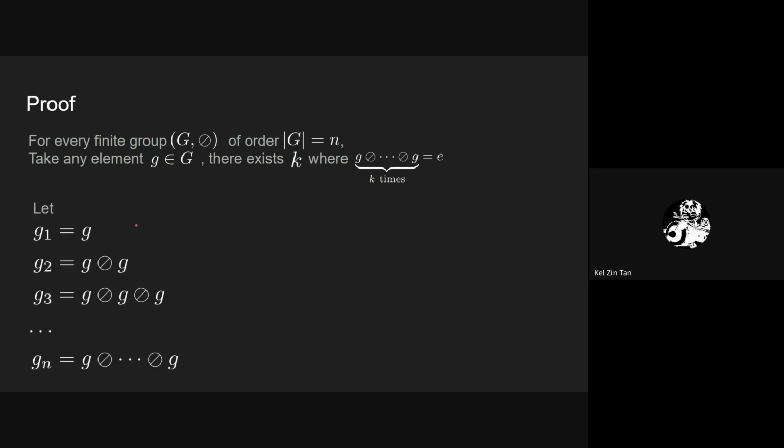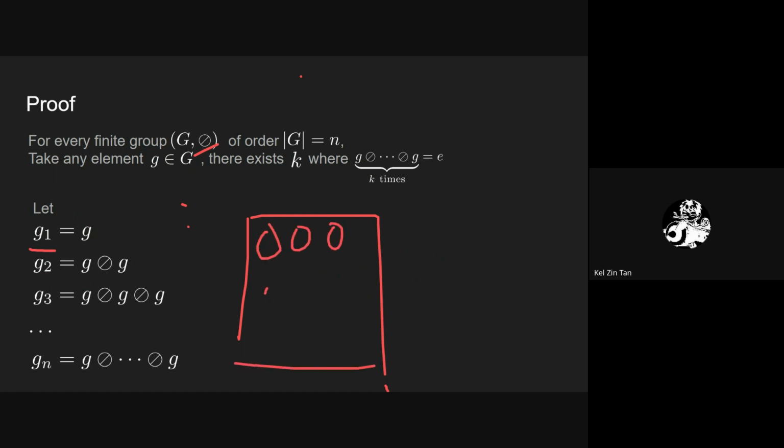Suppose we let g1 be g. So g1 is just g applied to g one time, g2 is g applied 2 times, g3 is, and so on, many times. If you think about it in terms of the elements inside the set, I have a big collection, and this is a finite group, so inside we have a lot of elements.